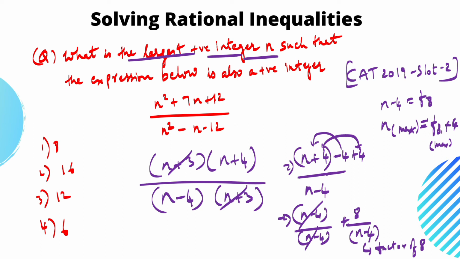What can be the maximum possible factor of 8? It is 8. So 8 plus 4 is equal to 12. 12 is the answer. It is the largest positive integer n for this expression. Let us move on to the next question.